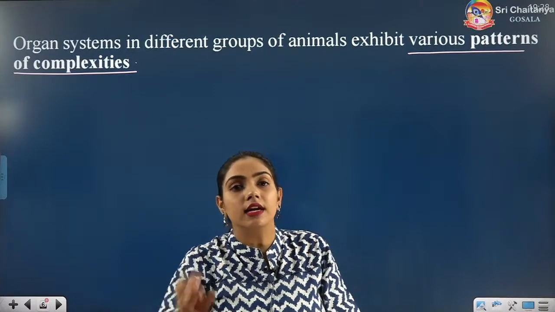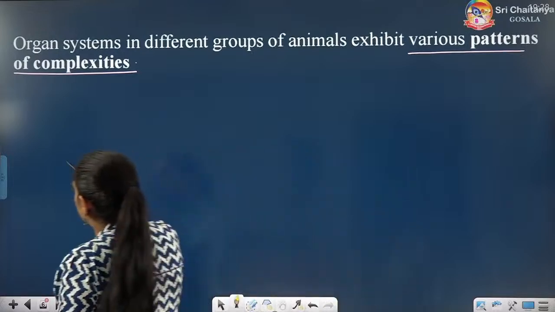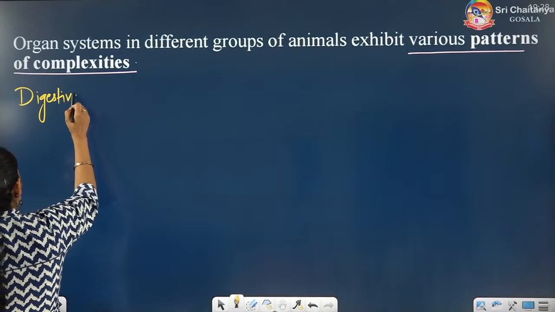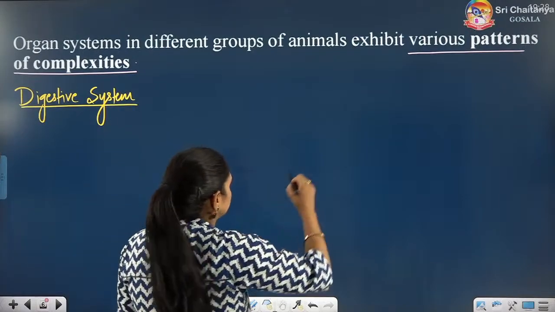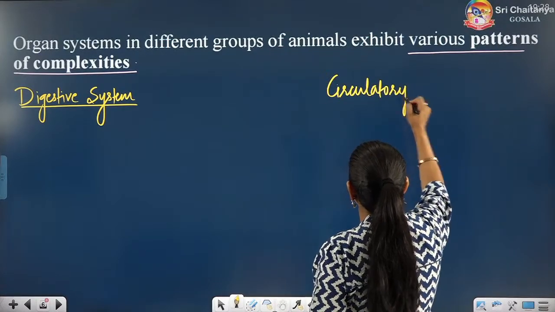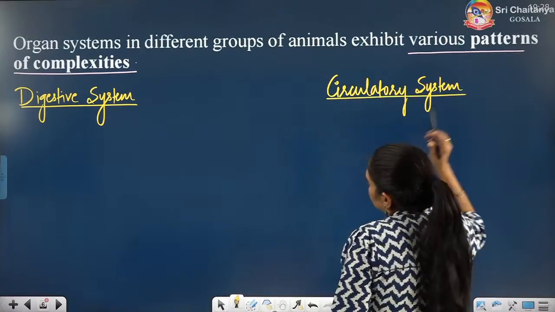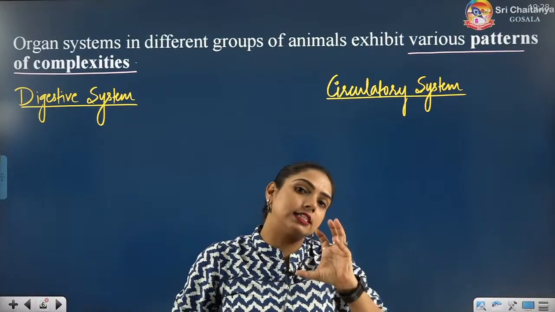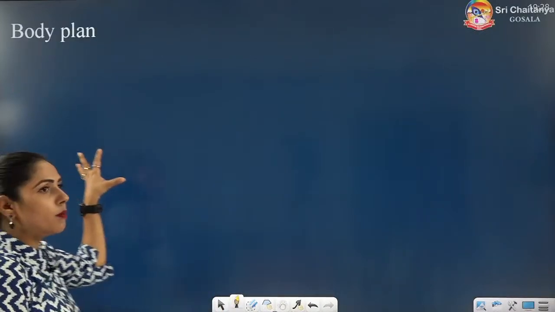Here we are going to talk about two systems: one is the digestive system and one is the circulatory system, everyone. We will be seeing the types of digestive and circulatory systems in all those animals in which organ system level of organization is present. But before that, I want to talk about the body plan.